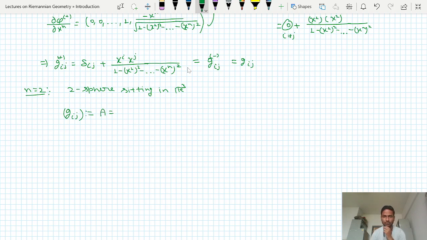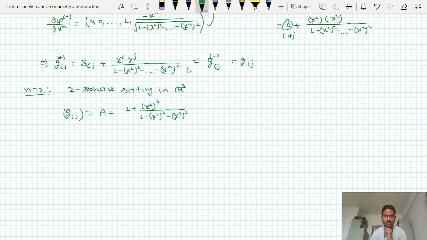So what will G11 be? G11 will be 1 plus x1 square divided by 1 minus x1 square minus x2 square, because we have the two-sphere sitting in R3. That's why. I'm writing this in matrix form.